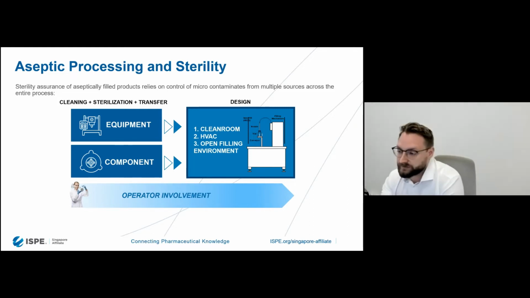And of course, throughout the entire process, we have operator involvement. Some processes are very operator heavy, lots of manual activities. Nowadays, most of these are moving towards more of an automated type process, but again, there's everywhere in between when it comes to operator involvement.